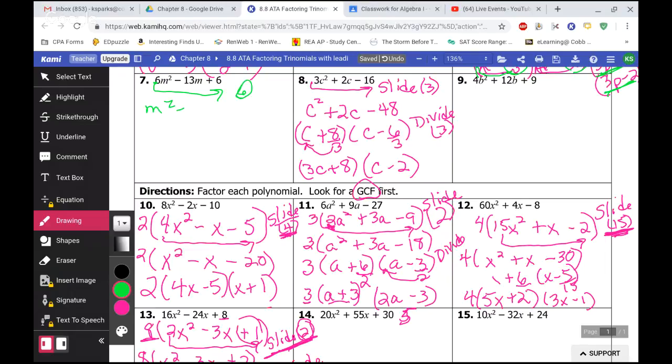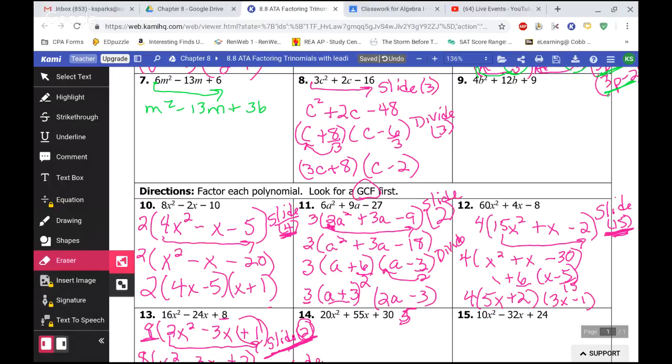And then write m squared minus 13m plus 36. That way, when I have that little 6 next to my arrow, it reminds me that when I go to the divide step, that's what I'm going to divide by.